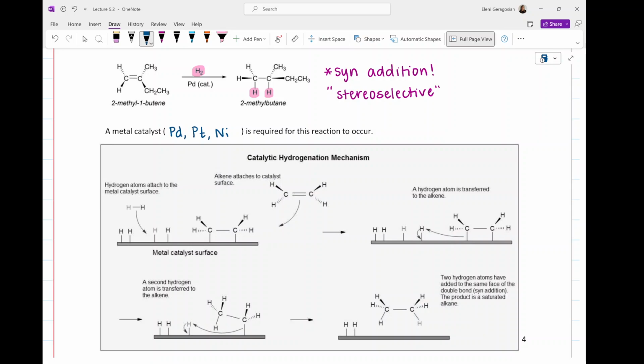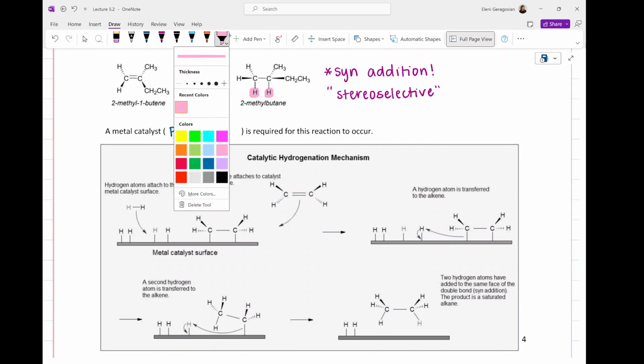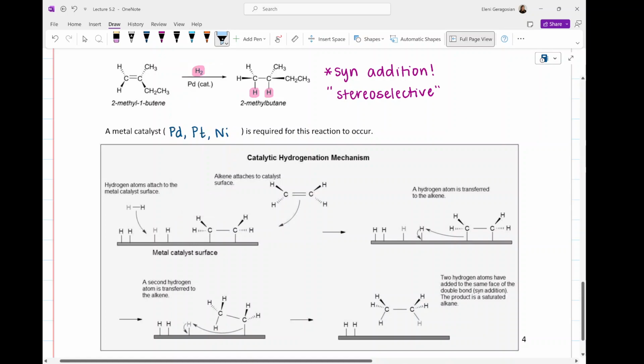Okay, so how do we react this metal catalyst with the gas and then with the double bond? Well, first a researcher has this metal catalyst surface here, and that will react with hydrogen gas that's provided, bubbled onto this catalyst surface.